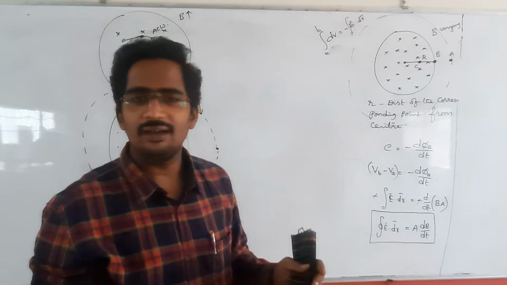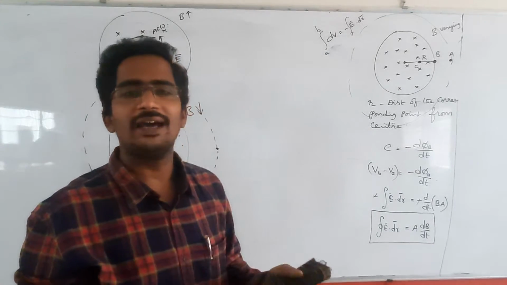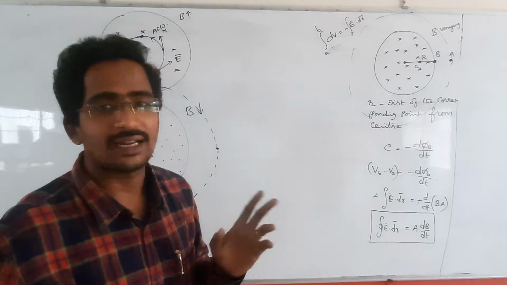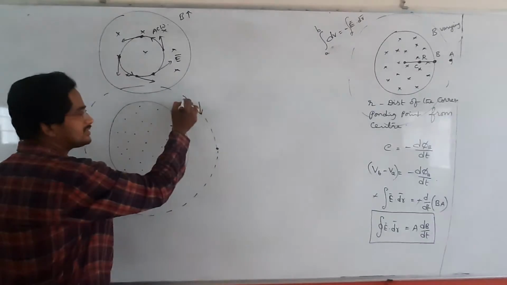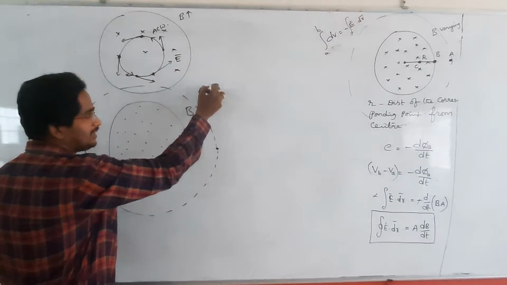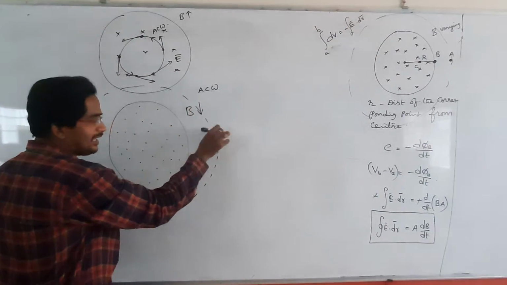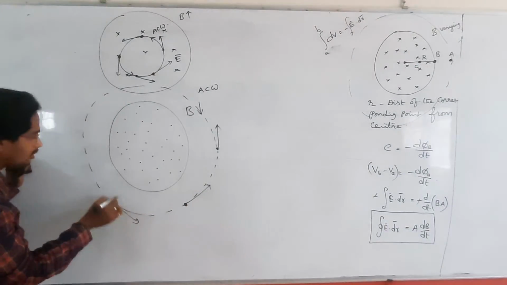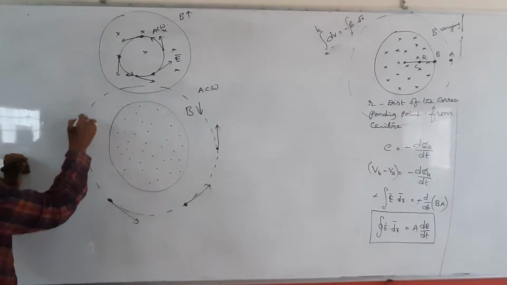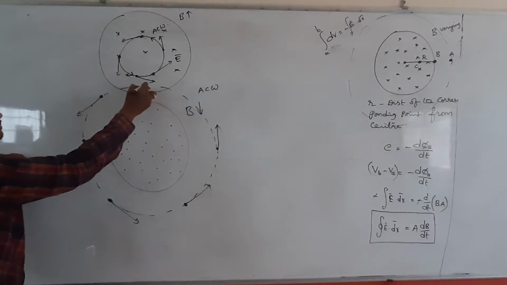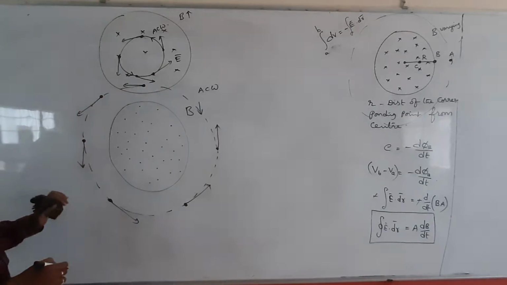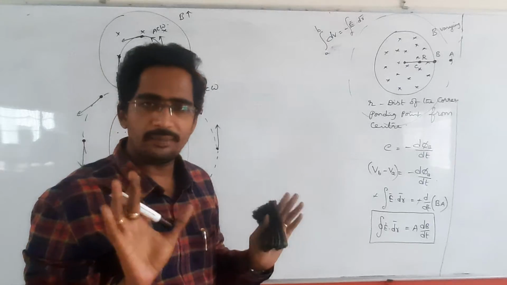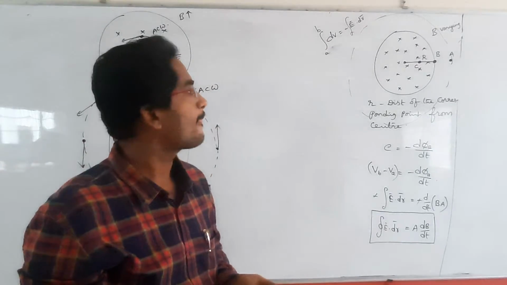For having the induced field in the outward direction, current should flow in anti-clockwise direction. So the field direction is anti-clockwise. The tangent of this loop gives the electric field intensity direction. Like that we can know the direction of electric field intensity. Do remember it well.